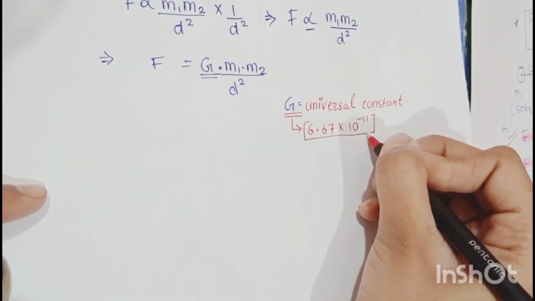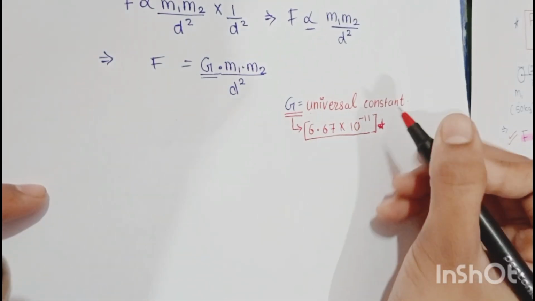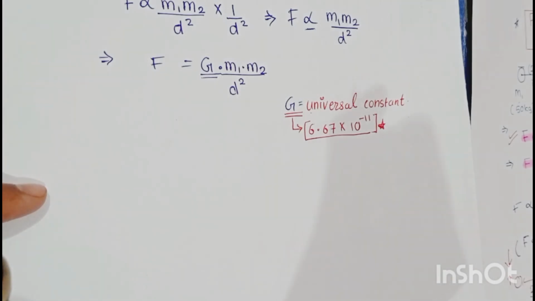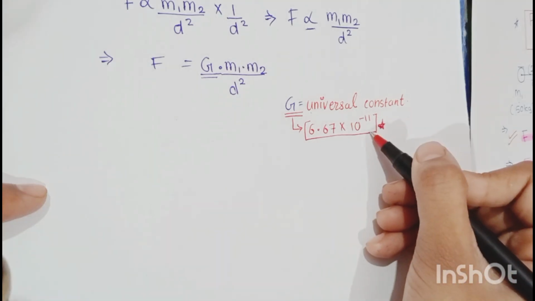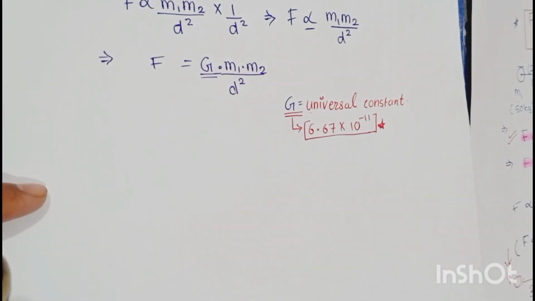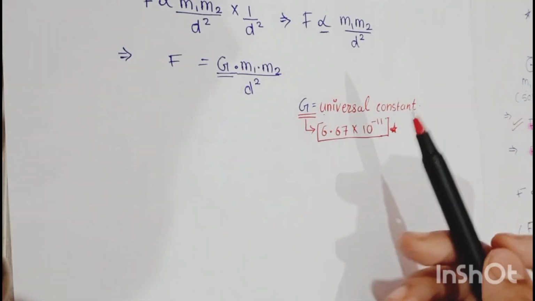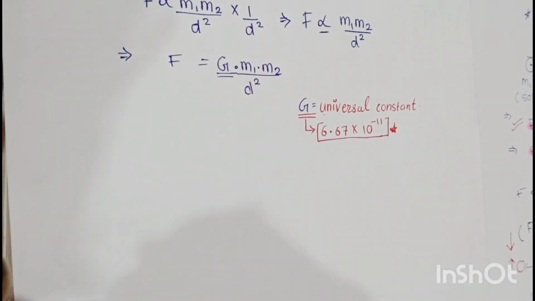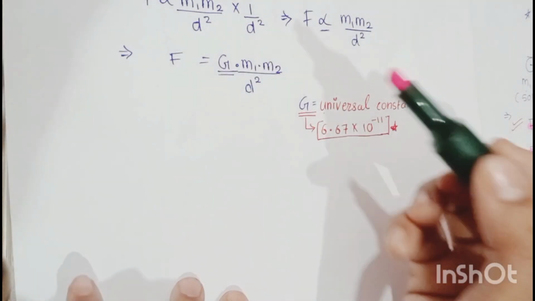Now, why only this value is assigned to the variable G, we are going to learn in the next part of the video, which will be uploaded soon. Most students wonder what G is, so I will again tell you what G is. G is nothing but a constant.